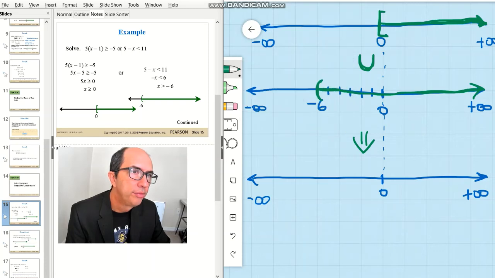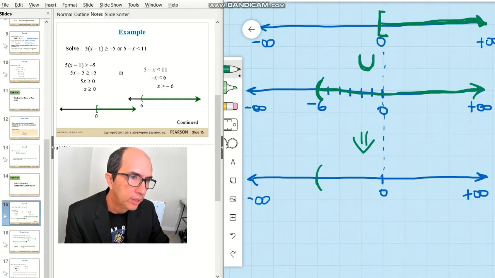And then we have negative 6 is included in one of the sets. See, this parenthesis here indicates that negative 6 is not included, and it's not here as well. So negative 6 actually is not included.